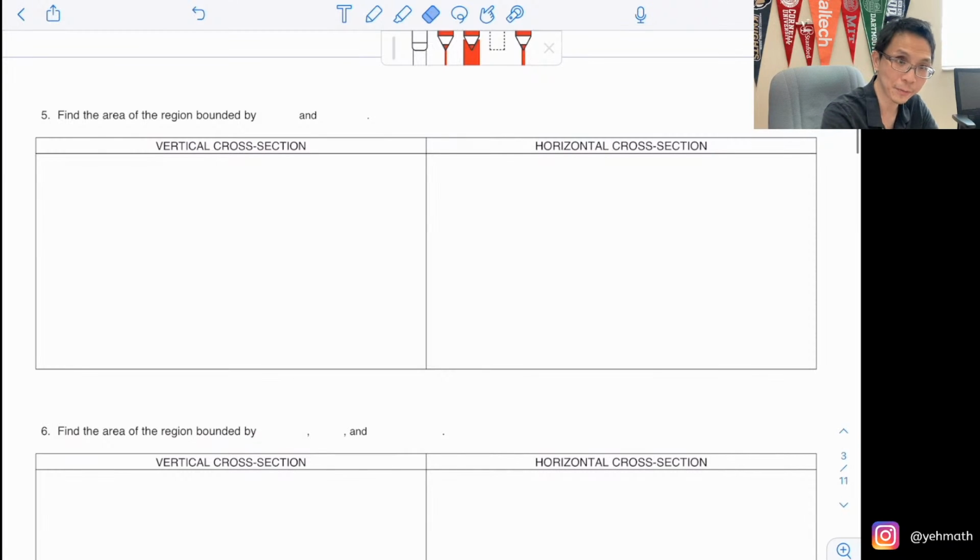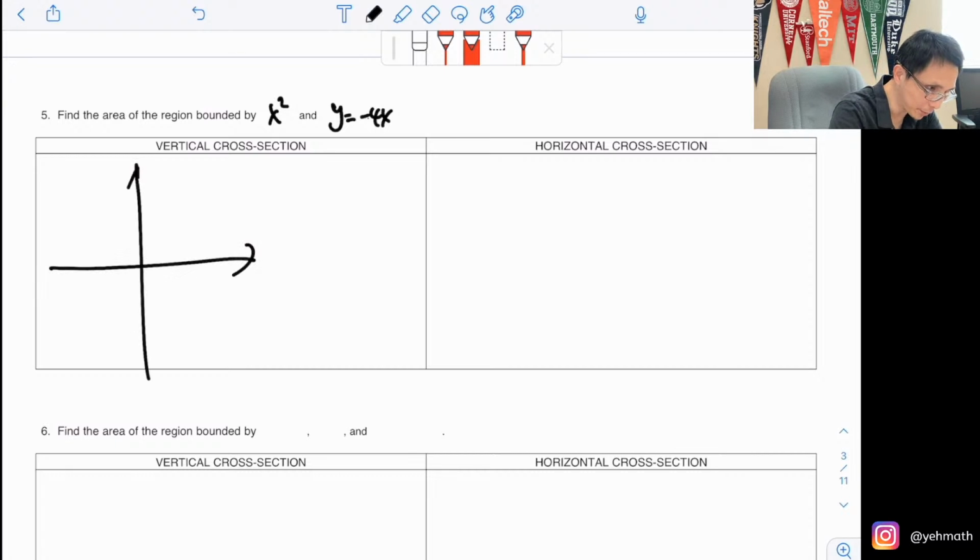Okay, so for question 5, I'm just going to go through what's the best case scenario. Y equal to negative 4x, and if you see this, you just have to graph it. X squared, boom. That was a really bad graph. Negative 4x is going to be something like here.